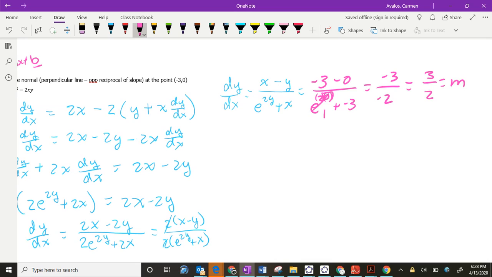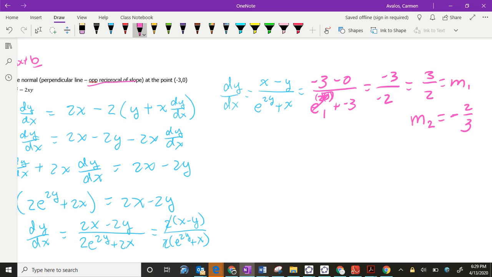And so that's what we have there, but we want the perpendicular line. So we're looking for the opposite reciprocal of the slope. So the slope that we really want, let's call this m sub 1 and then we'll call this one m sub 2, is going to be negative 2/3. So that's what we're really looking for. That's the slope that we're looking for on there.